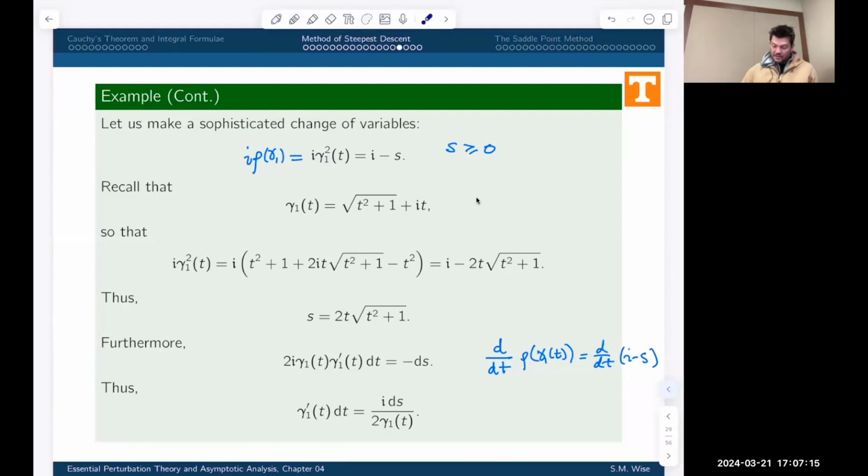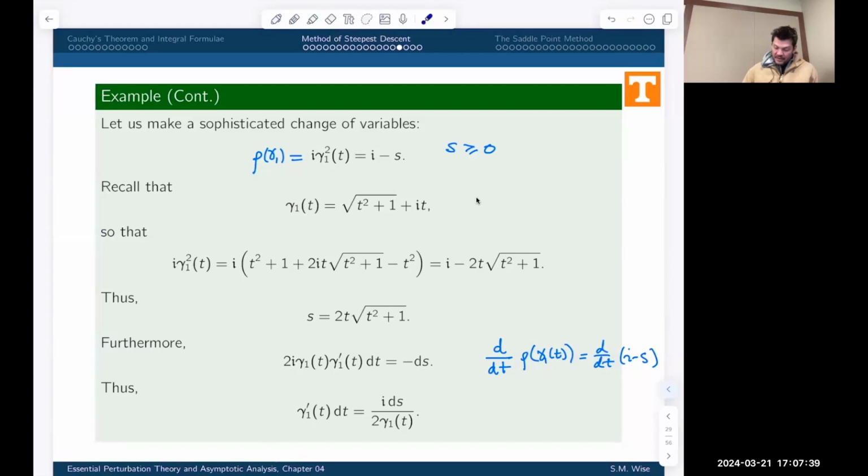Okay, so this is 2i, because remember rho is just equal to, oh, I made a mistake here. This is not I times rho, that's just rho, right? Remember, rho was equal to I times z squared. So this is just rho.